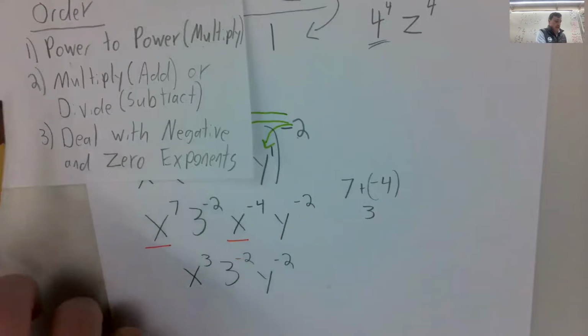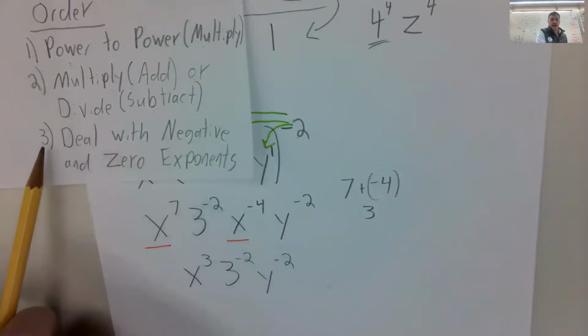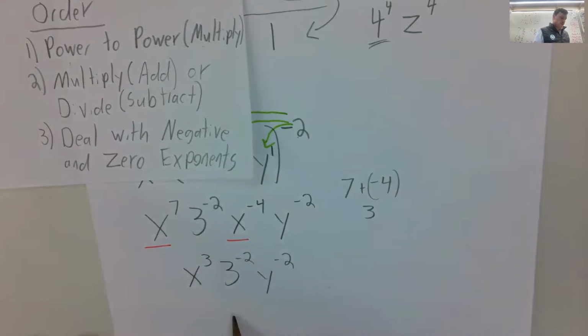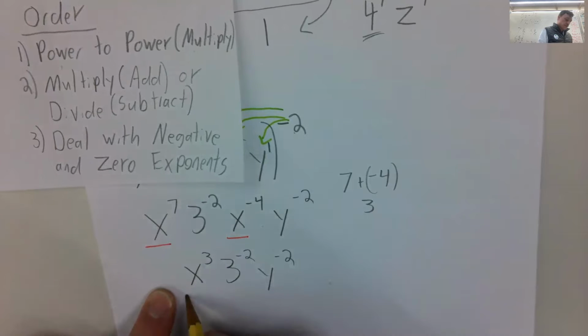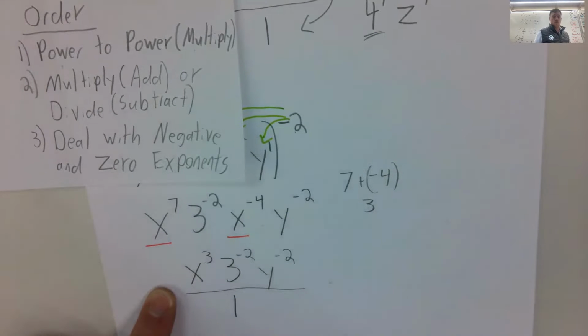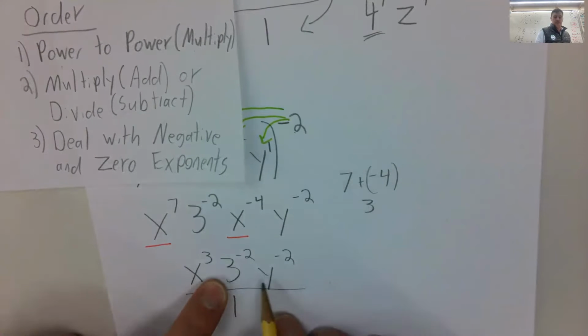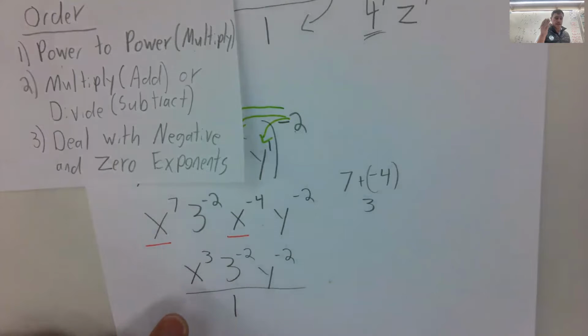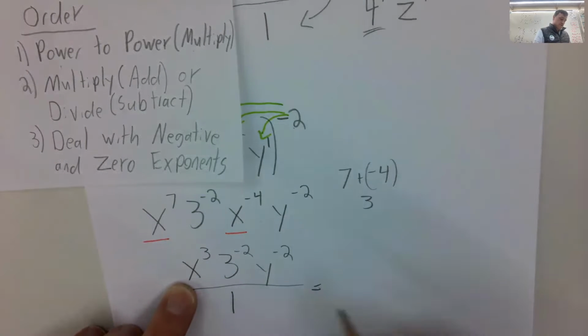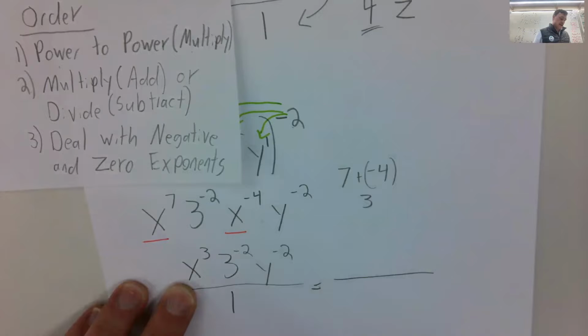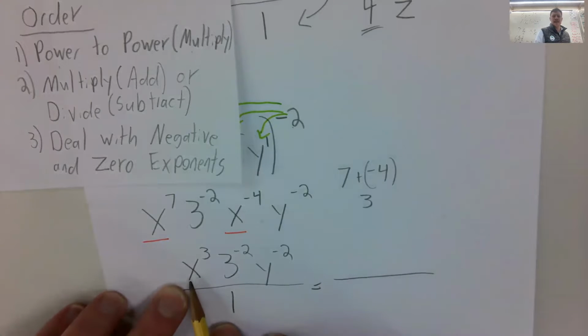Okay. We've multiplied. Now we need to deal with the negative exponents. Remember, even if it doesn't look like it's in fractional form, we can put it in fractional form over 1, and we need to drop these 2 negative exponents to the denominator. So that's what we're going to do. I'll do my division line. What happens to this x term here? Does it stay or does it go?